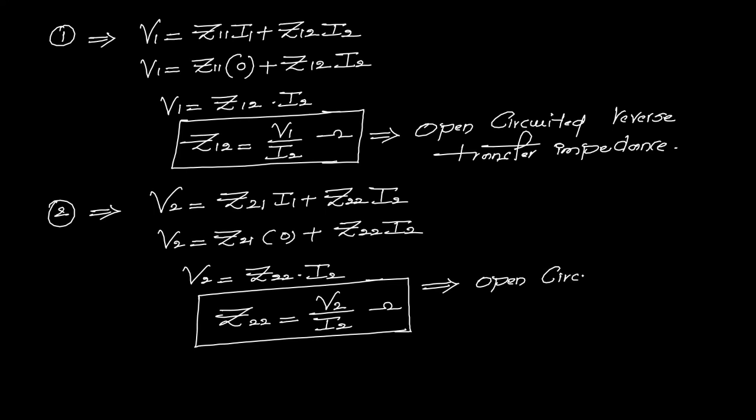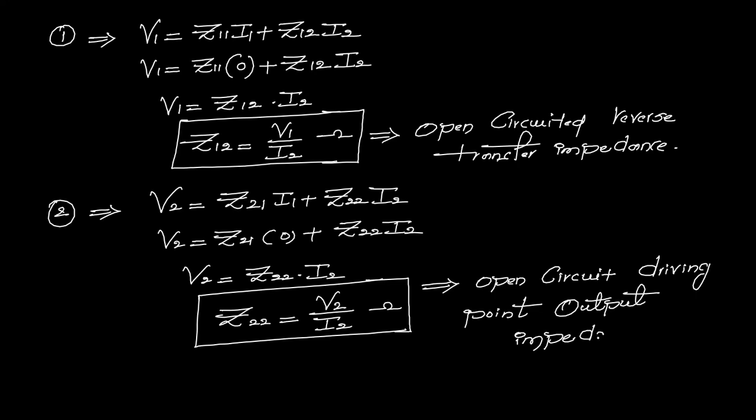So finally we got Z22 equal to V2 by I2, the open circuit driving point output impedance.